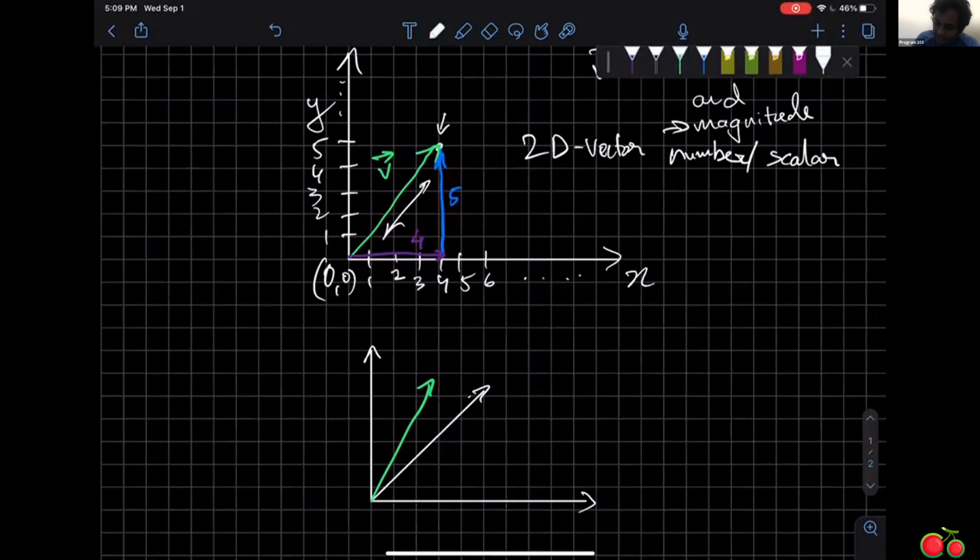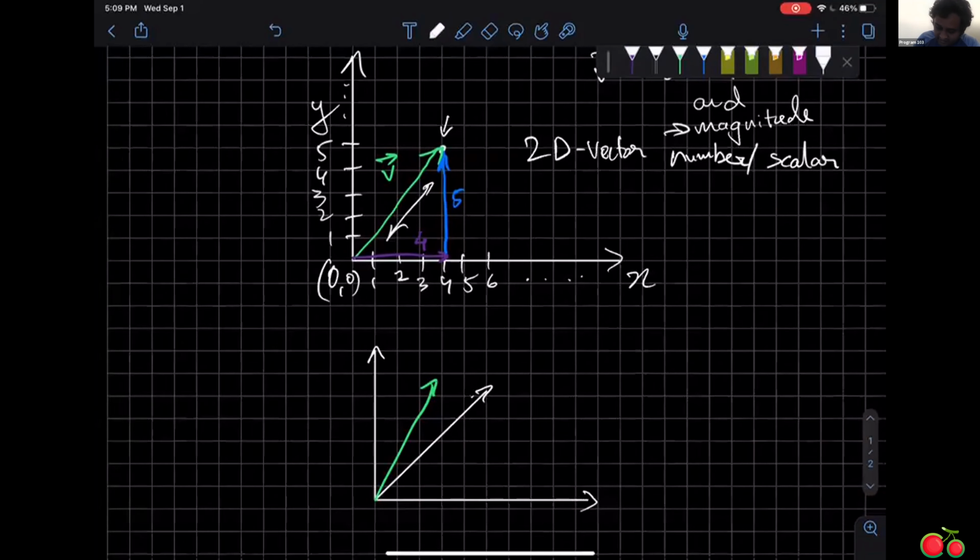This is the point I'm at, so let me project it down. And then I have the height. So these are the three different coordinate axes: I have X, I have Y, and I have Z. So this is my vector in 3 dimensions.